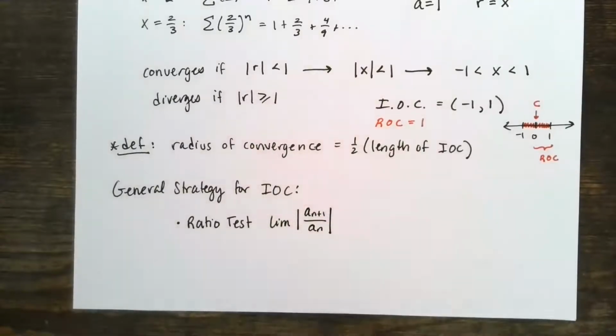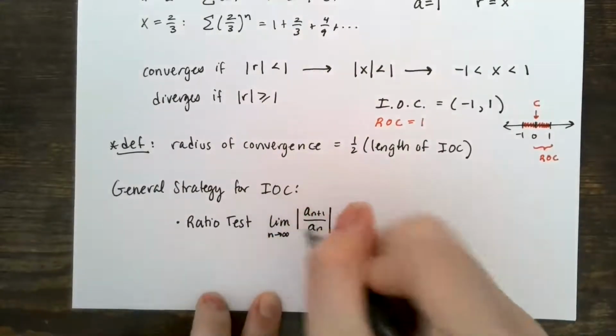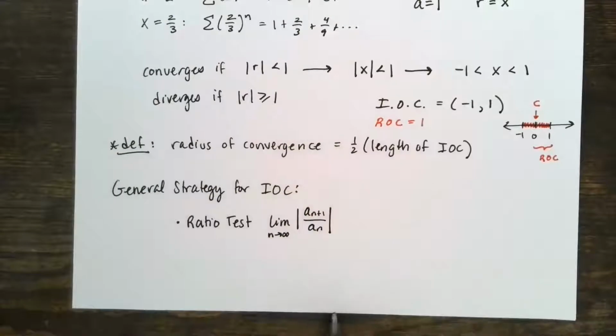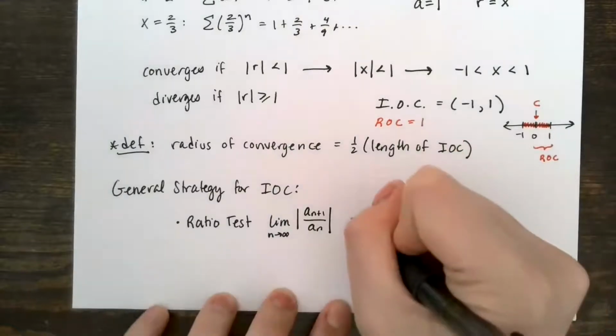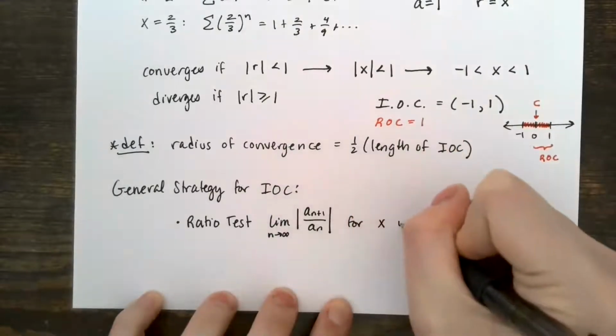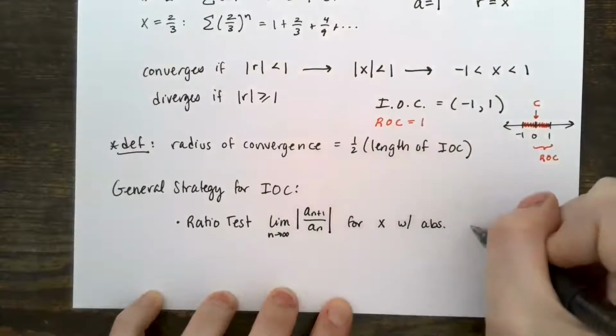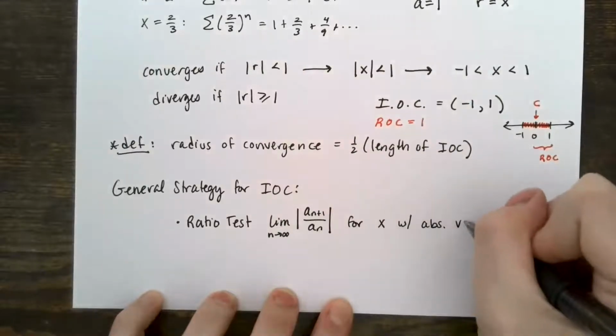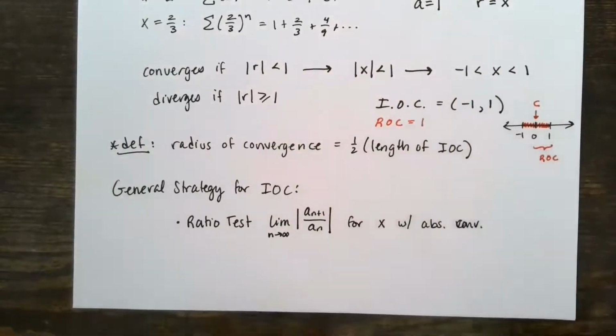We need the absolute value because depending on the value of x, our terms might be negative or positive or a little bit of both. So if we can show that this limit comes out less than 1 with the absolute values, then we're showing absolute convergence. So what you'll get here is the x values that give you absolute convergence.